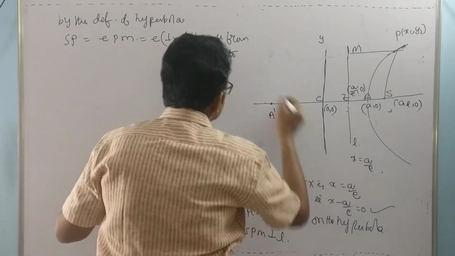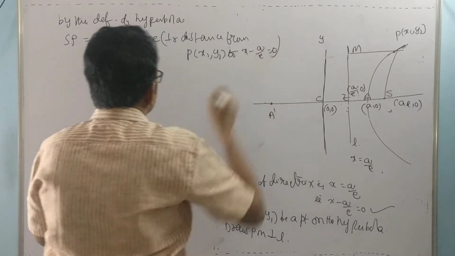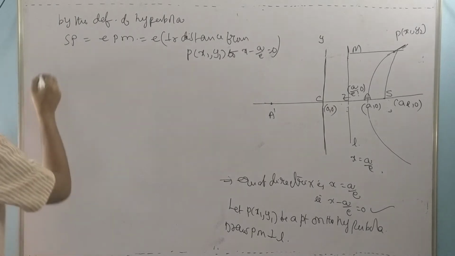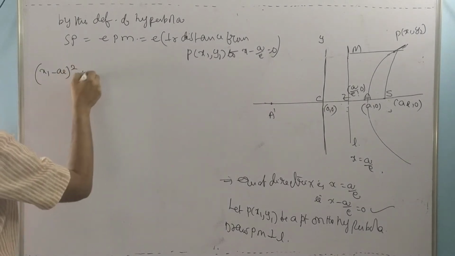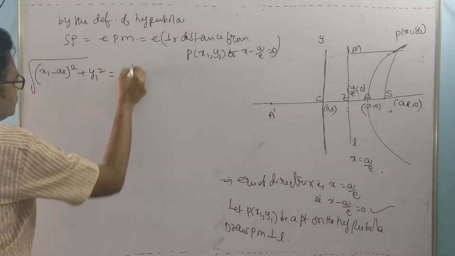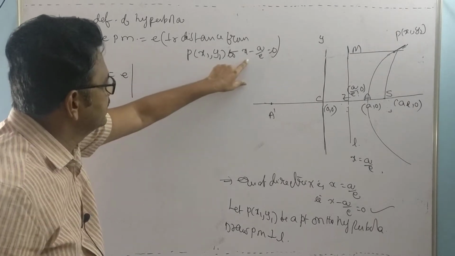What is the directrix? X minus A by E equal to 0, where SP is the distance between the 2 points. So this is x1 minus AE whole square plus y1 square is equal to E into the length of the perpendicular from the point x1 y1 to this line.